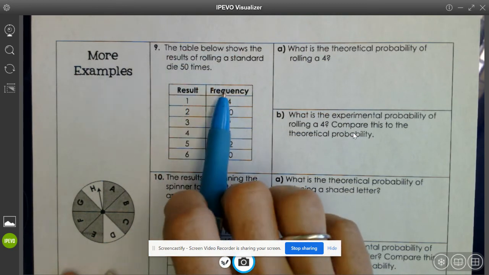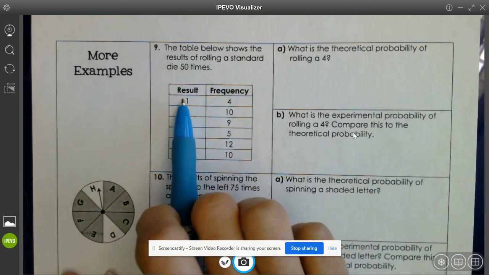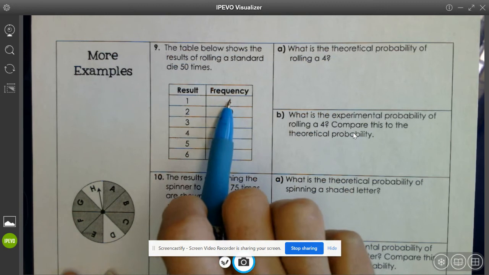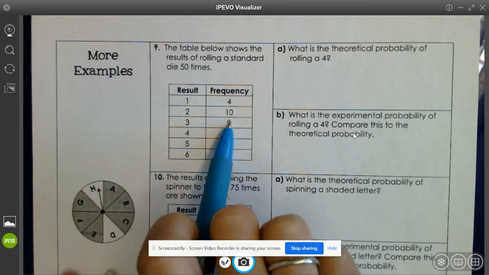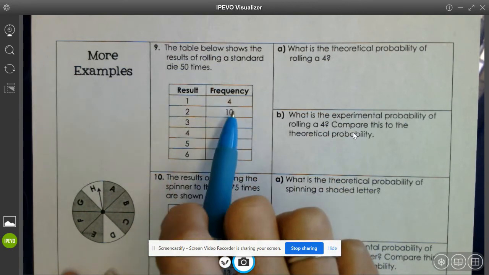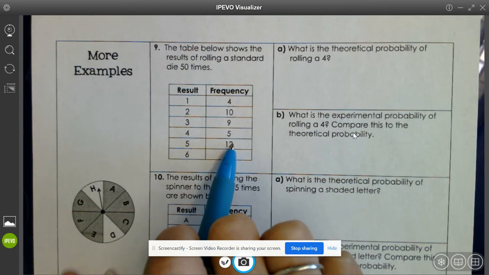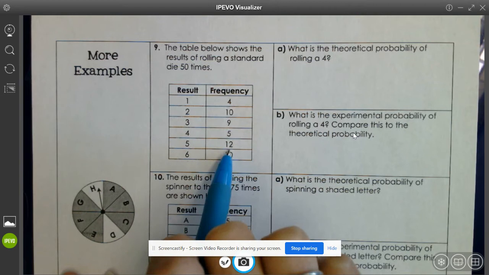It fell on 1, 4 times, fell on 2, 10 times, fell on 3, 9 times, and so on. So these are the numbers on the die. These are the frequencies, what happened when you toss it. There's a total of 50 times here.